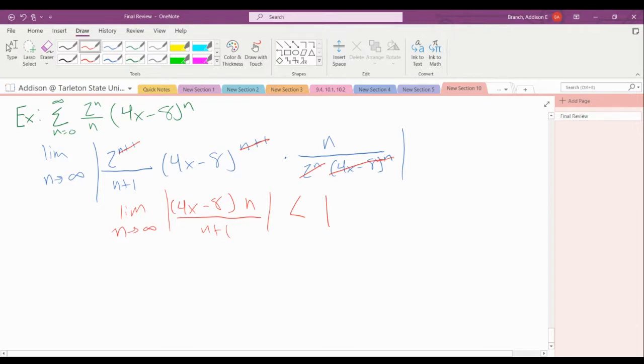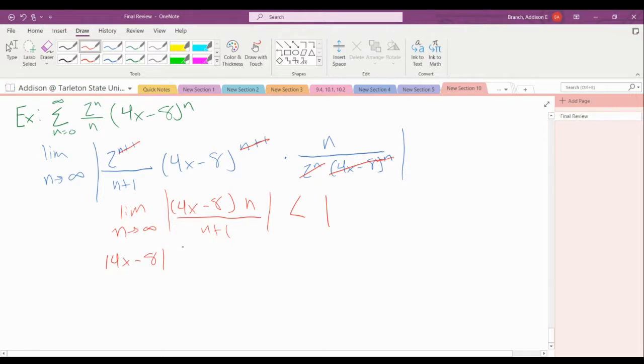Typically what I find easiest to do is to pull out that 4x minus 8 in front, because that's not going to affect our limit because of that x. All we care about is the stuff with an n.